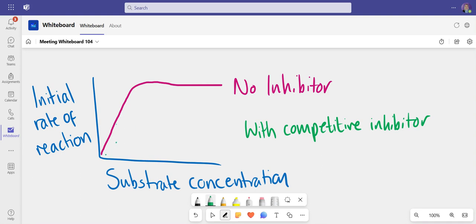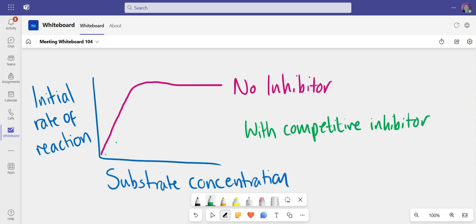We know the line is going to be underneath the pink line, don't we? Because we've got an inhibitor, it's going to slow down the rate of reaction. By having the substrate concentration then increasing, the higher the concentration of substrate, basically it increases the chance that the substrate will bind with the active site instead of the inhibitor binding the active site.